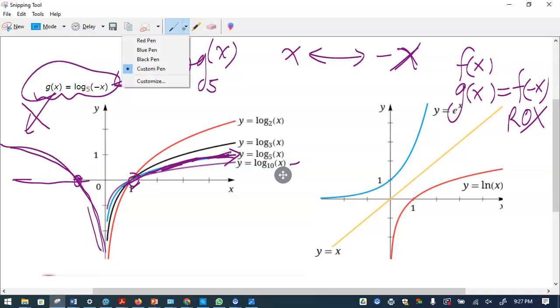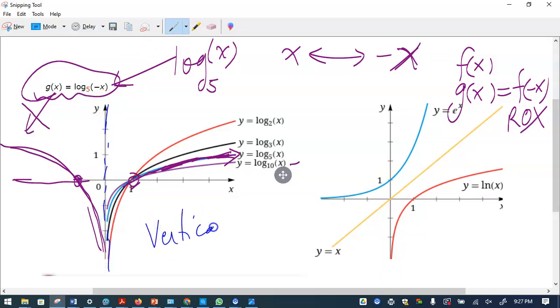And you can see there's a vertical asymptote. So you will see this is a vertical asymptote, and the vertical asymptote stays the same. That is x equals 0, which is the y-axis, because you can see it's coming almost closer to the y-axis. So the main question, what's the domain of this?